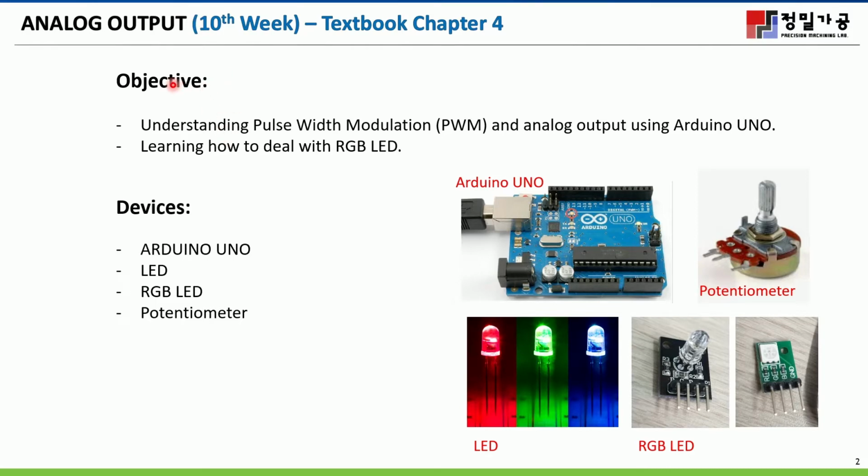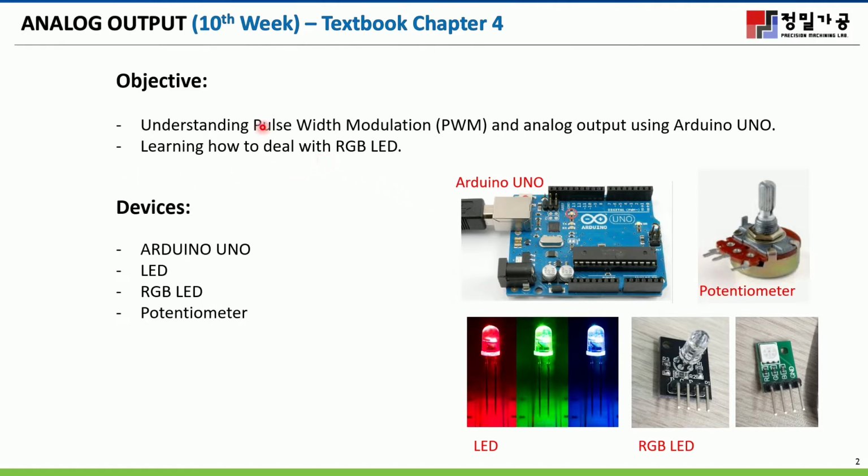The objective of this online lecture is to understand pulse width modulation, or PWM, and analog output using Arduino Uno, and to learn how to deal with an RGB LED.